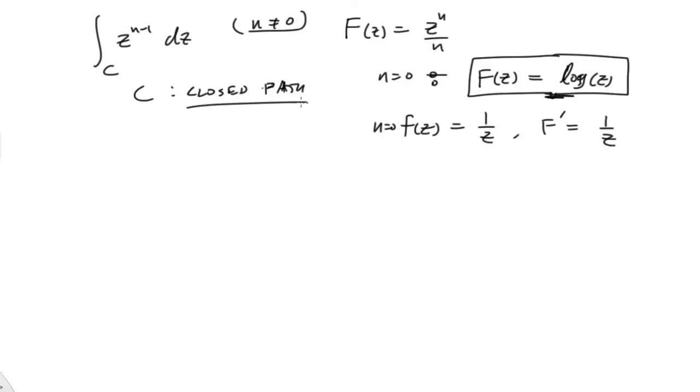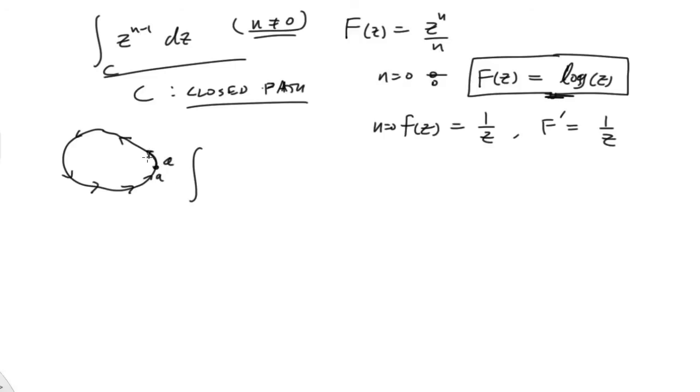Okay, so let's say we have a closed path in the plane. So we have some path, and we'll make it a positive orientation. So what can we say about this non-equal to 0 case? Well, we can start at any point A and then end at another point A, right?